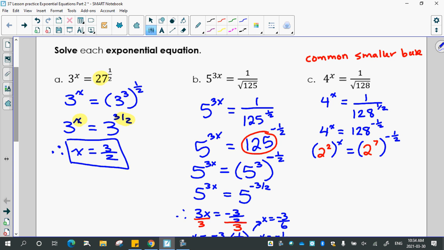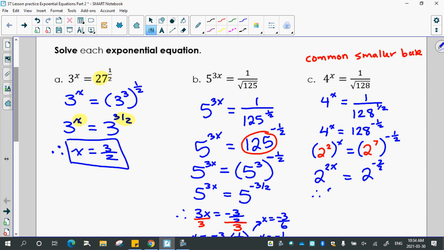Okay, so on each side now I have a power to an exponent, so I have to multiply the exponents on each side. So 2 to the 2x equals 2 to the negative 7 over 2. So that's at the point where I can do the therefore statement.